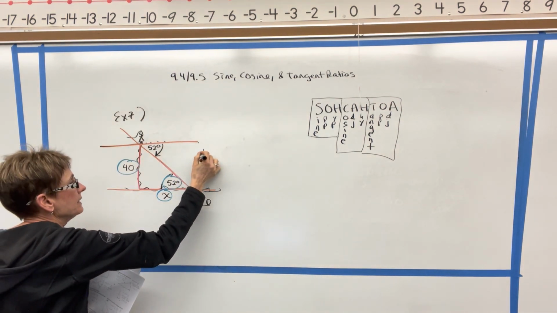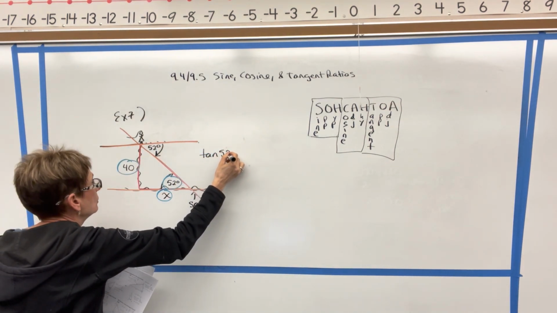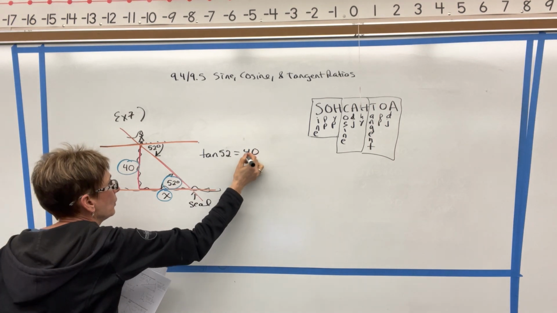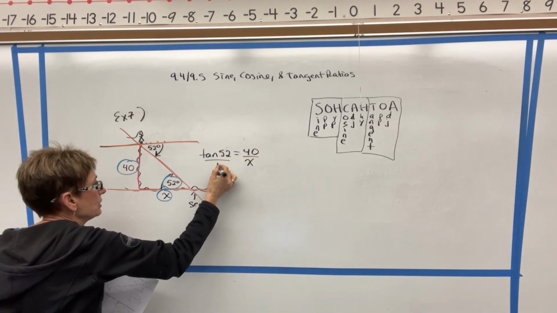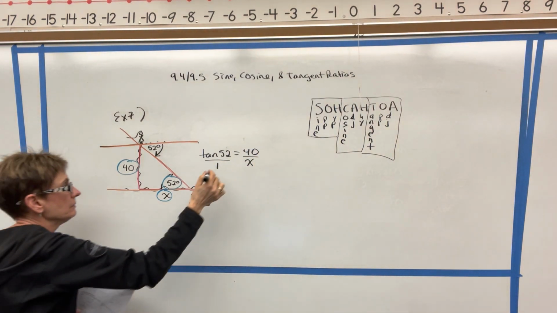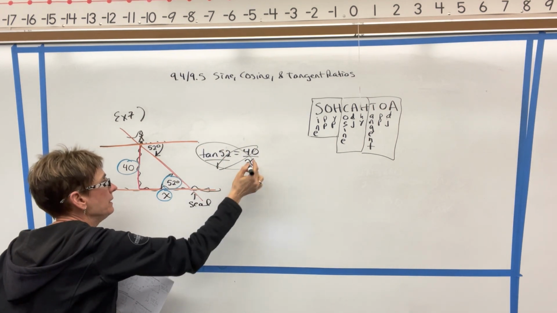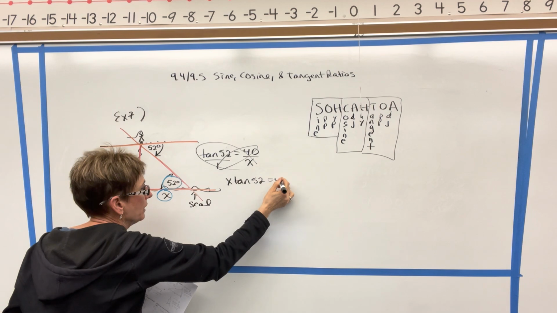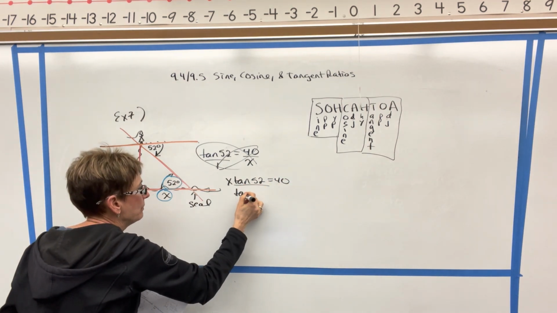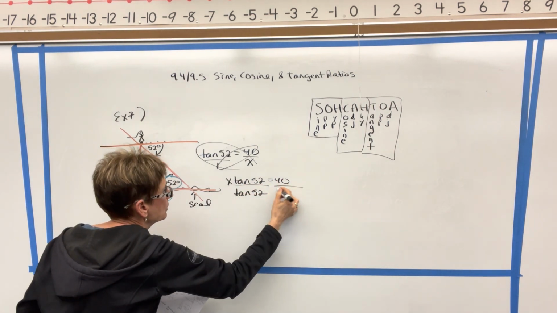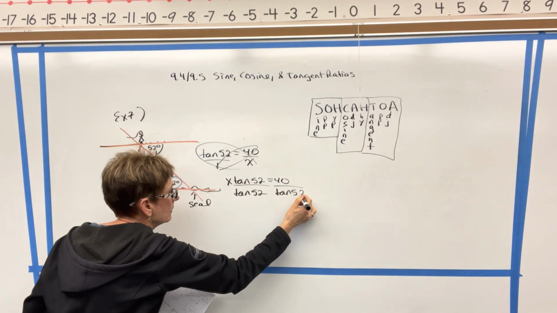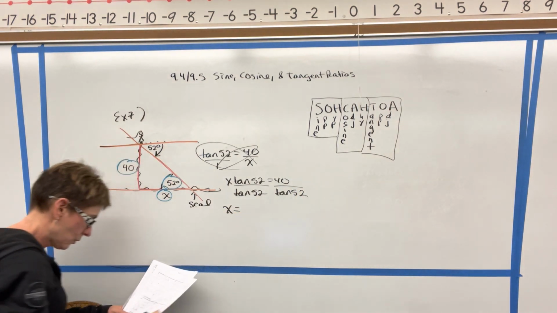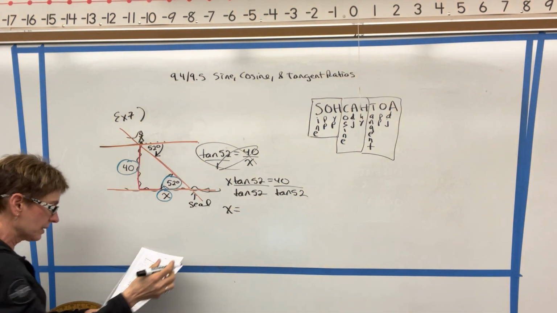So I'm going to say the tangent of 52 is opposite, which is 40, over x, which is adjacent. I cross multiply. X times the tangent of 52 equals 40. And then I divide both sides by the tangent of 52. When I do, I get that x is 31.